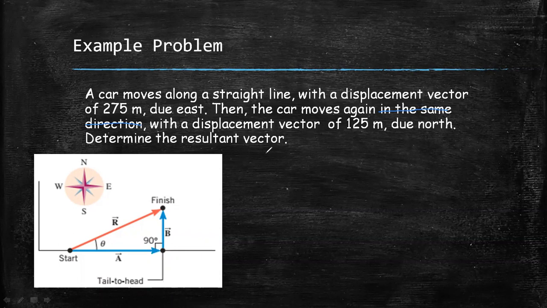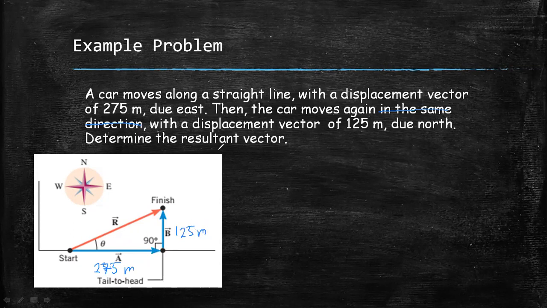Determine the resultant vector. So first thing first, illustrate the problem. So we have vector A, which is 275 meters due east, and vector B, 125 meters due north.